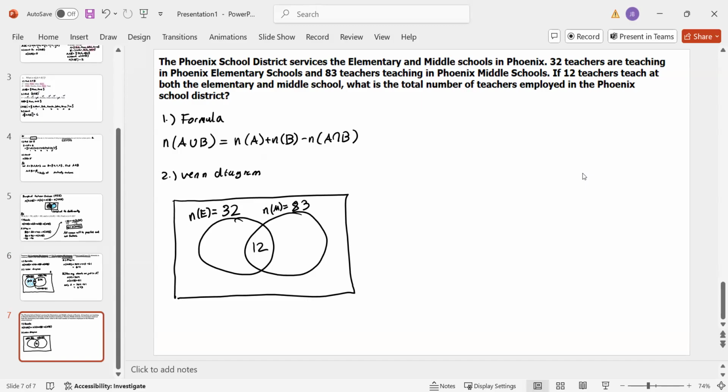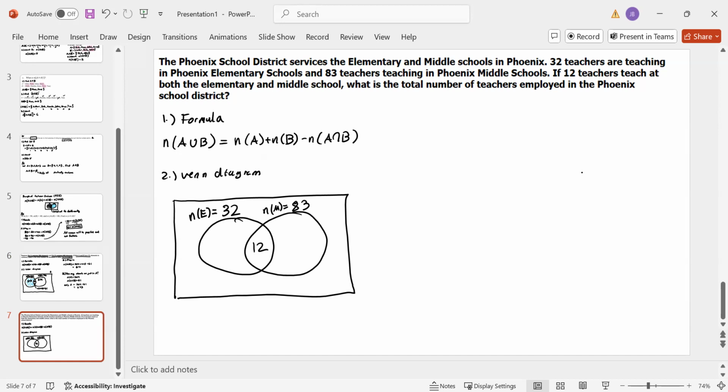Sure. So this is what we're doing. We're just filling it out. So 32 teachers teach elementary. Now, here's something important because this comes down to English and logic a little bit. If I say 32 teachers teach elementary, they could also teach other things. The only condition for that statement to be true is that they're teaching elementary.